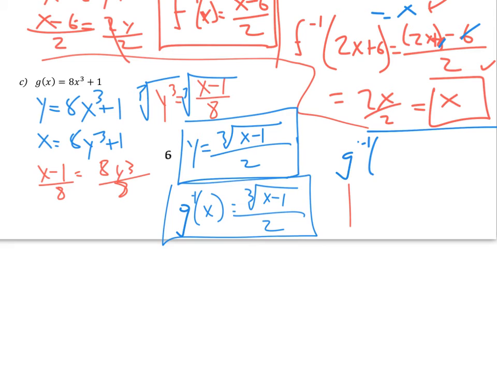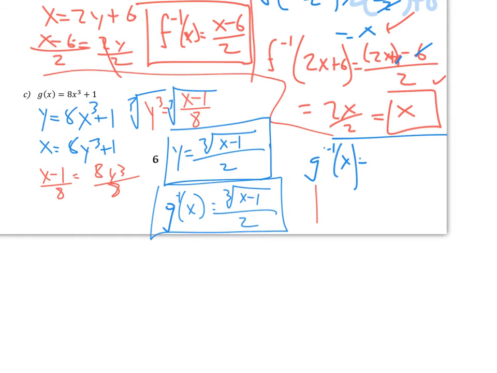All right. So if we take the inverse of g of x, that's going to be the cube root of x minus 1 all over 2.